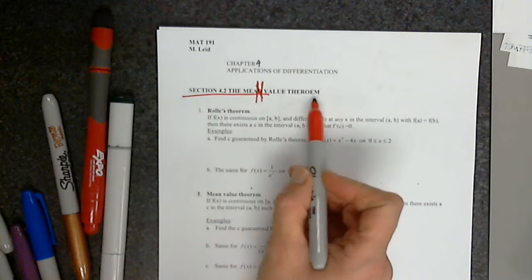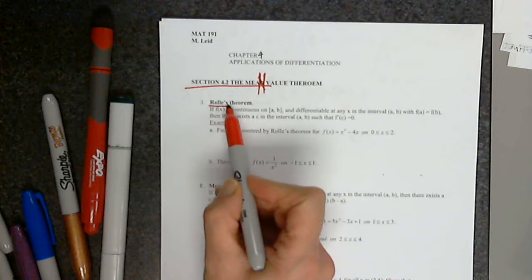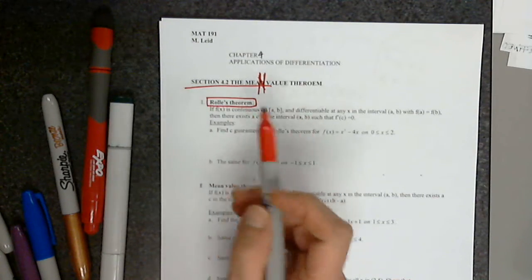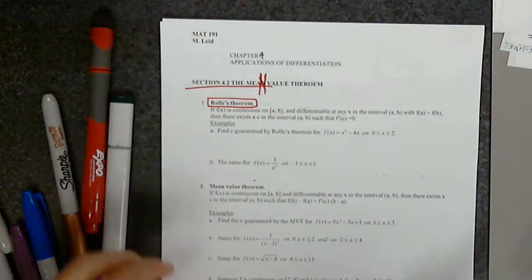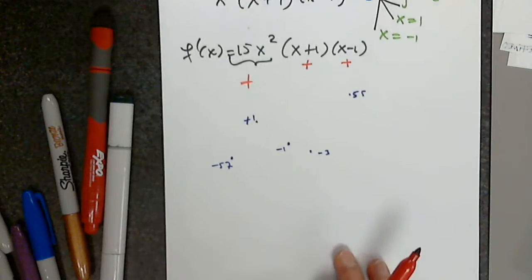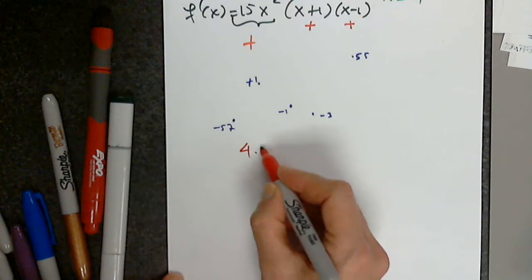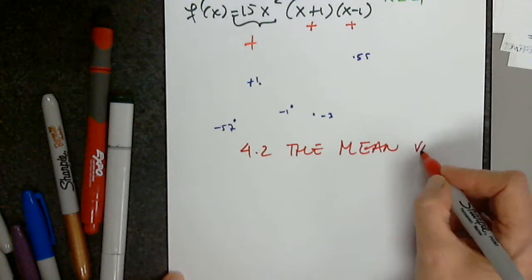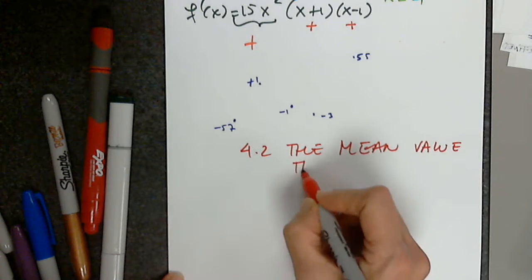Before we talk about the mean value theorem, prior to that, we have to discuss Rolle's theorem. Okay. So this is section 4.2, the mean value theorem.